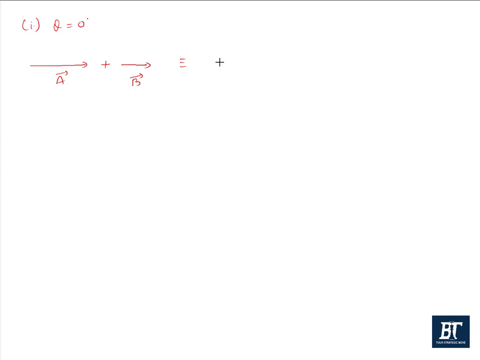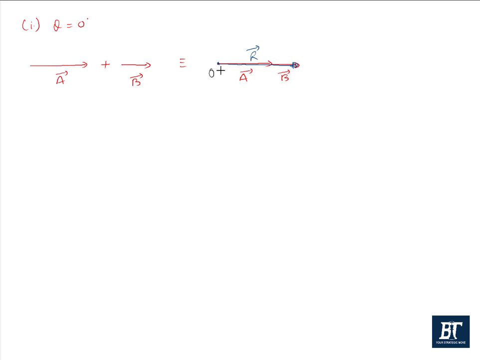And if we apply the triangle of vector addition here, we will fix one vector keeping its magnitude and direction fixed, and we will place the tail of the second vector over the head of the first vector. And if we join the tail of the first vector to the head of the second vector, then we will get the resultant.